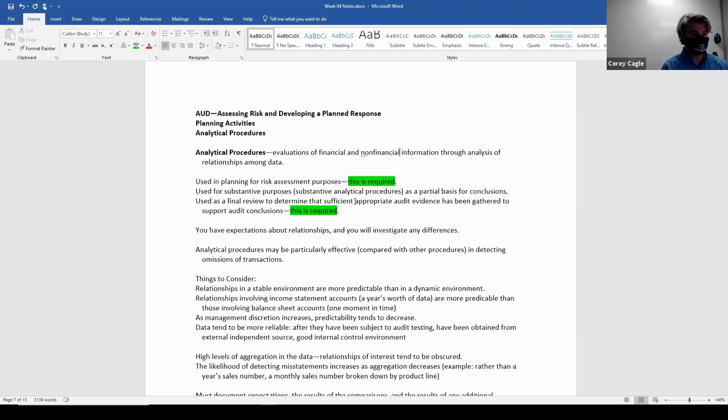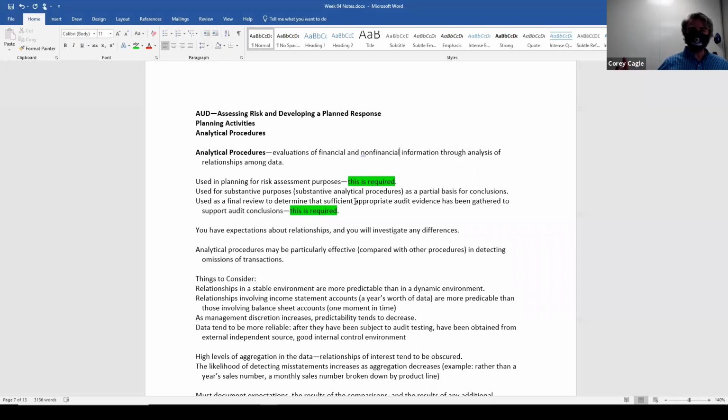later should. But when we think of analytical procedures, we think of things like trend analysis and ratio analysis, things with a dollar sign in front of it. But you can also do analytical procedures on non-financial things like amount of inventory, number of inventory items, warehouse space.